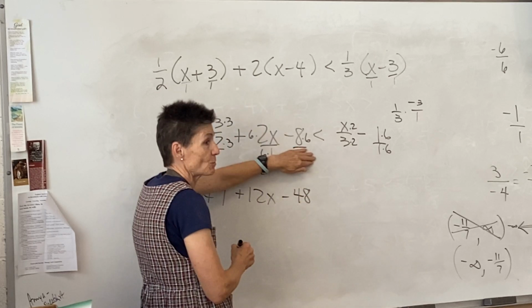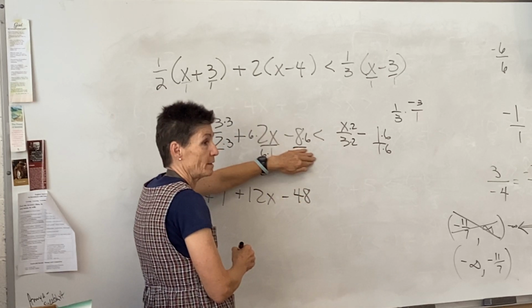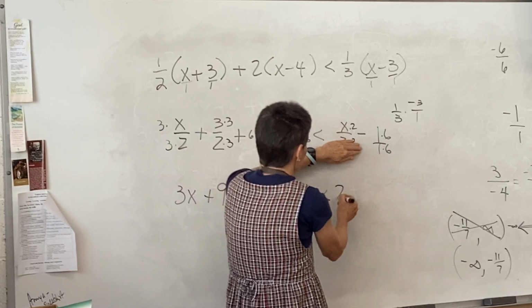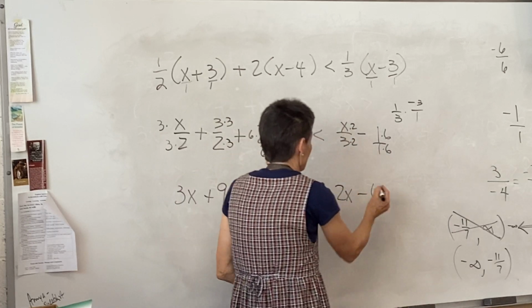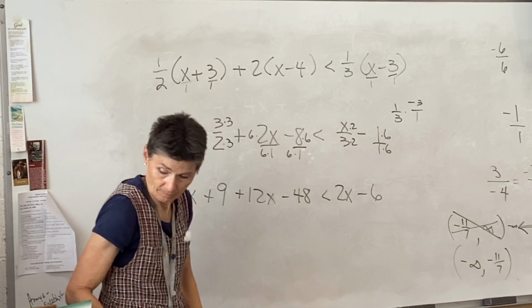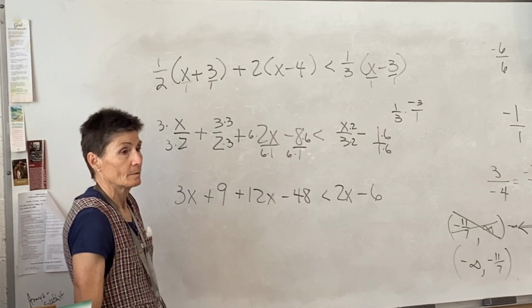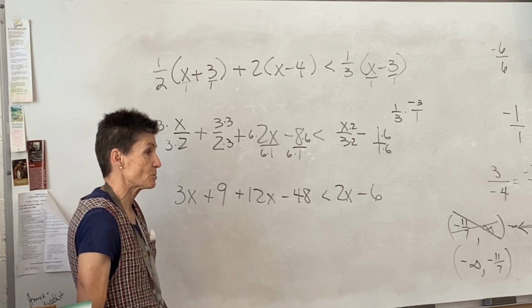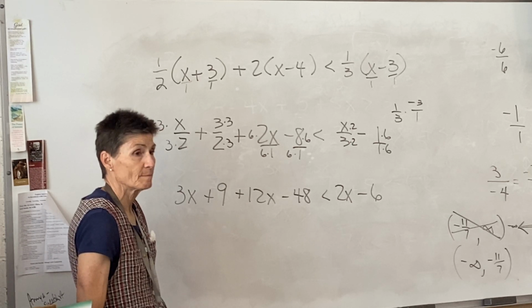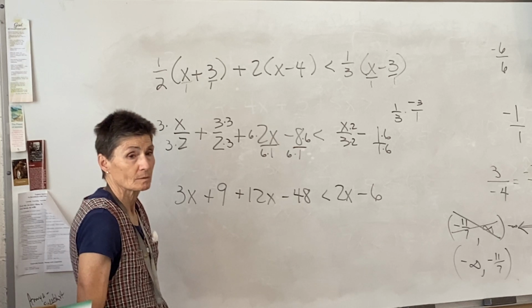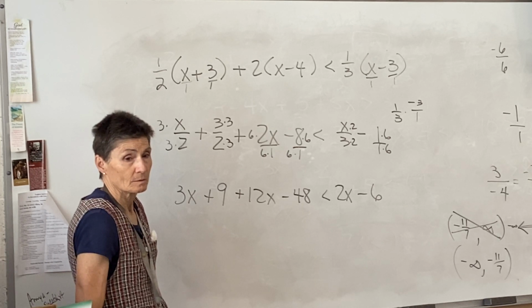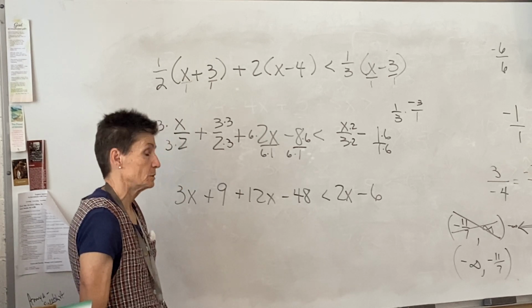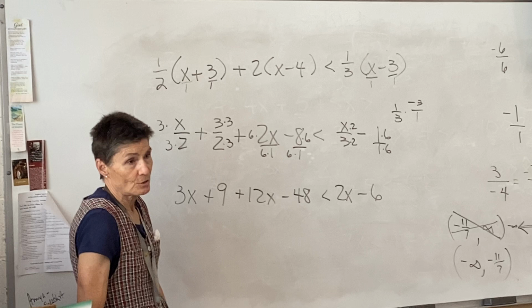Remember, the denominators are gone, so I'm just working with the numerators. 2x and 6. Now it's still big, but at least it's easier because there are no more fractions to work with. Do I have to get rid of the fractions? No. But it usually makes my life easier.